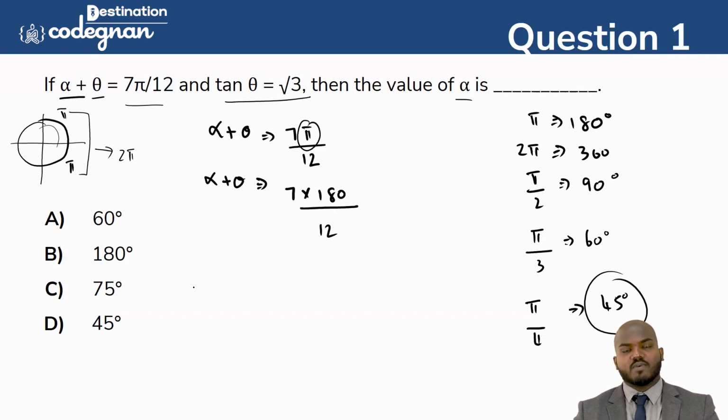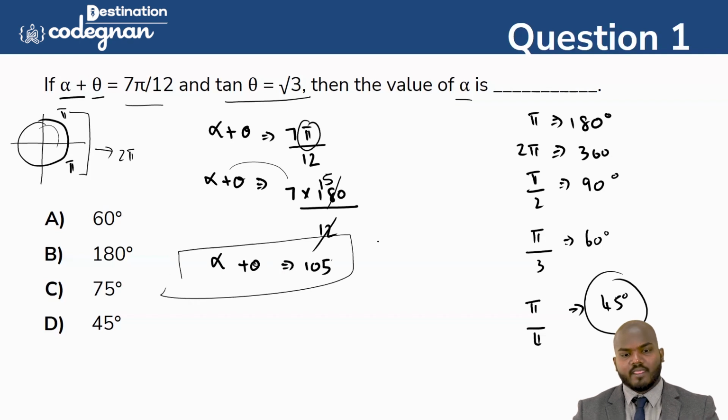If I cancel with respect to 12, I get 12 ones are 12, so the remaining is 6, so 15 times 12, we can call the value 60. Once you complete this, multiply 7 times 15 and you get 105. So that is alpha plus theta.